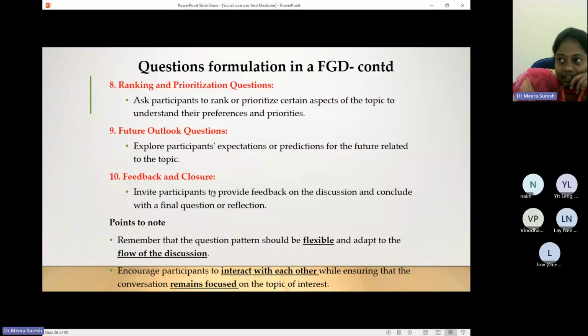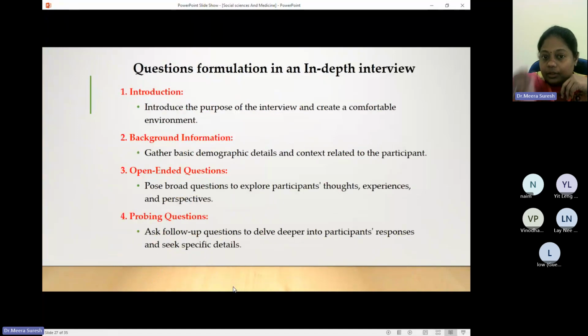So your question pattern for this assignment should be somewhere around this, but keep in mind it is unstructured. The question pattern should be flexible and adapt to the flow of the discussion. Encourage participants to interact with each other while ensuring that the conversation remains focused.